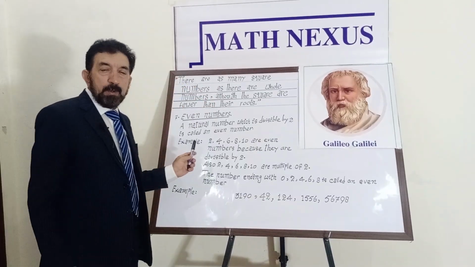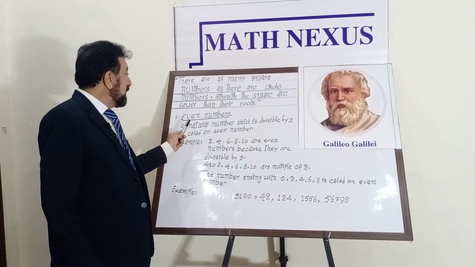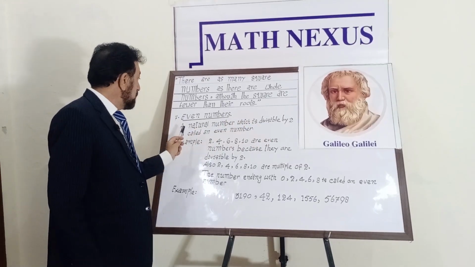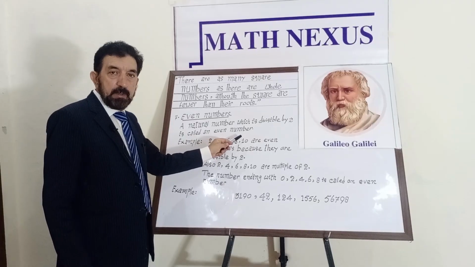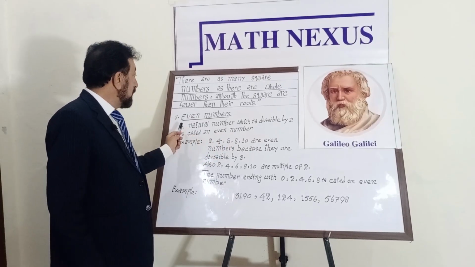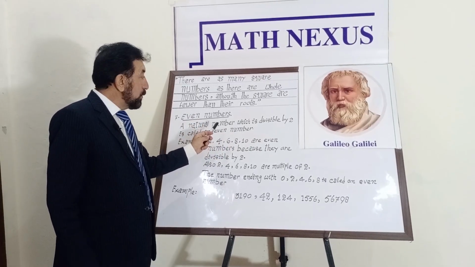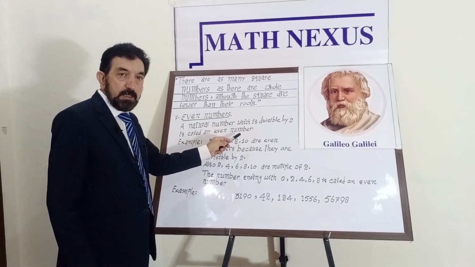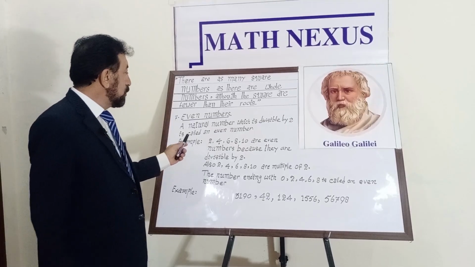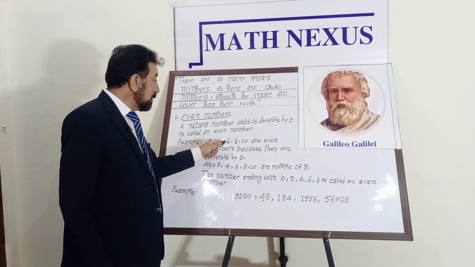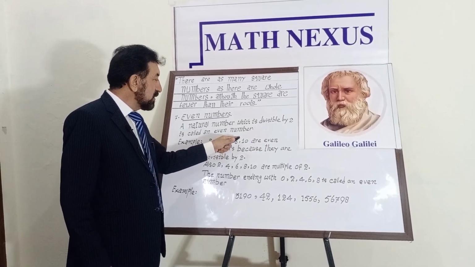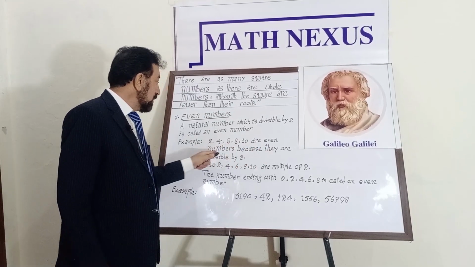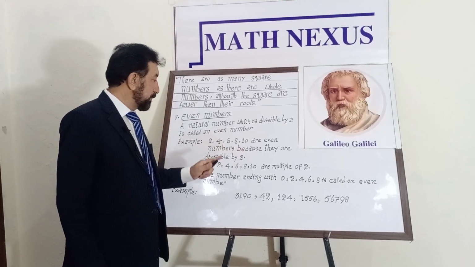Even numbers. A natural number which is divisible by 2 is called an even number. Example, 2, 4, 6, 8, 10 are even numbers because they are divisible by 2.